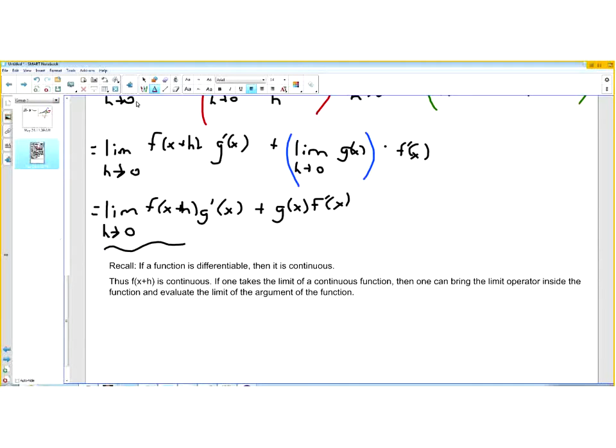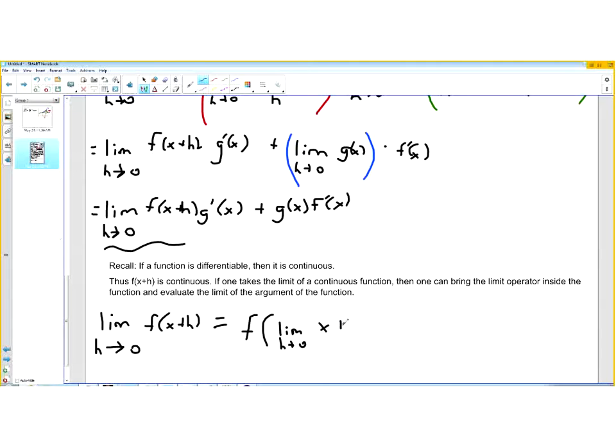If it's not continuous on the interval of differentiability, then it will not work and you cannot do this. As an aside, the limit as h approaches 0 of f of x plus h is equal to f times the limit as h approaches 0 of x plus h.